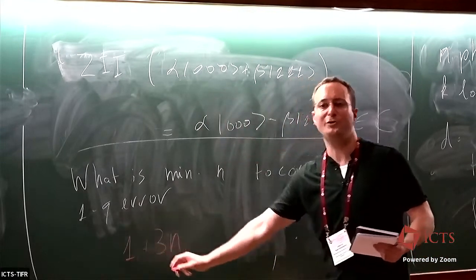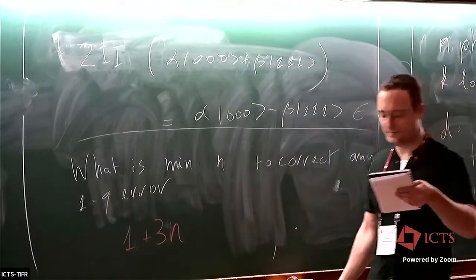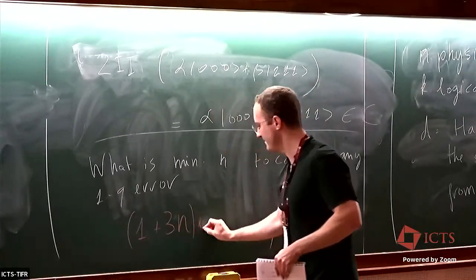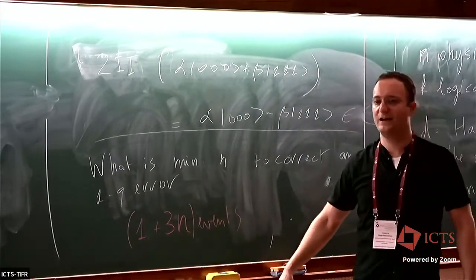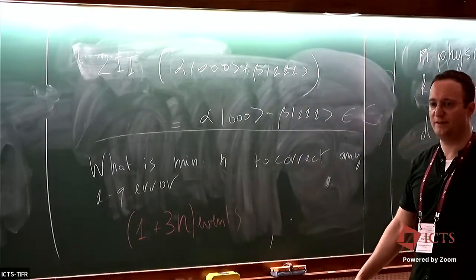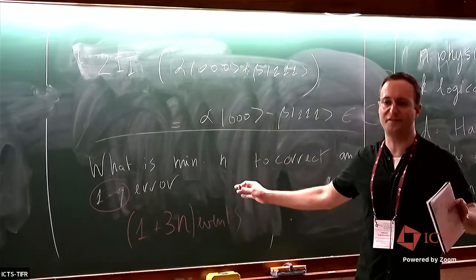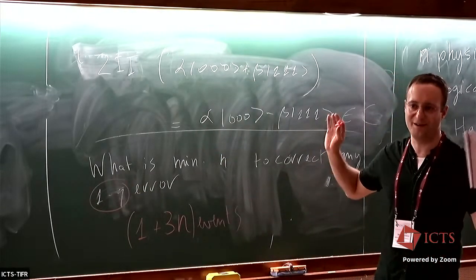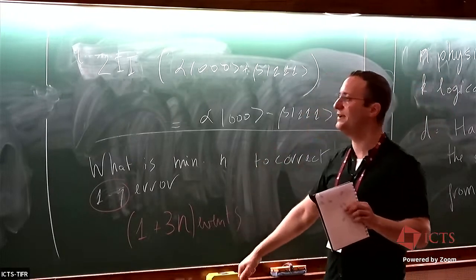So this is the total number of possible events. This generalizes to more errors, but for the sake of time, I'm going to stick to single qubit errors.